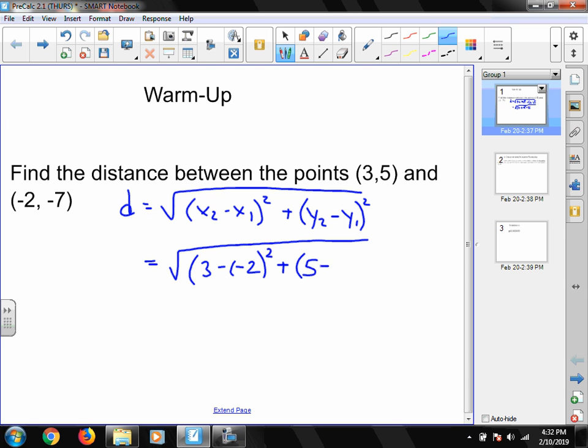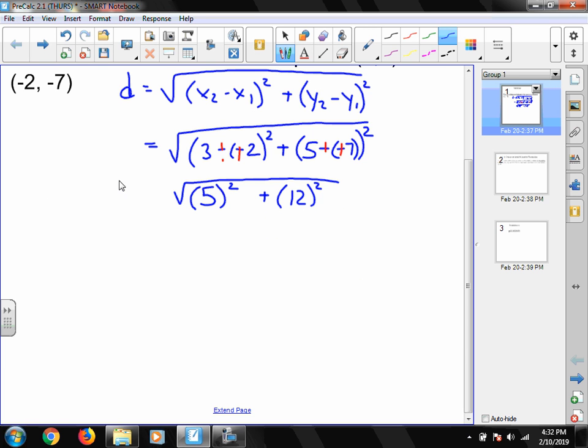Now we can add these together, and so I get the square root of 5 squared plus 12 squared, which is going to give me 25 plus 144, which is the square root of 169, also known as 13.